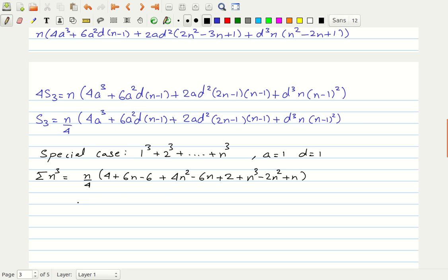Now we see that this is equal to n by 4 times we have n cube here. So we write n cube. Now this is 4n square minus 2n square. So this is plus 2n square. Now let us collect the terms of n. 6n minus 6n becomes 0, and then you have plus n.